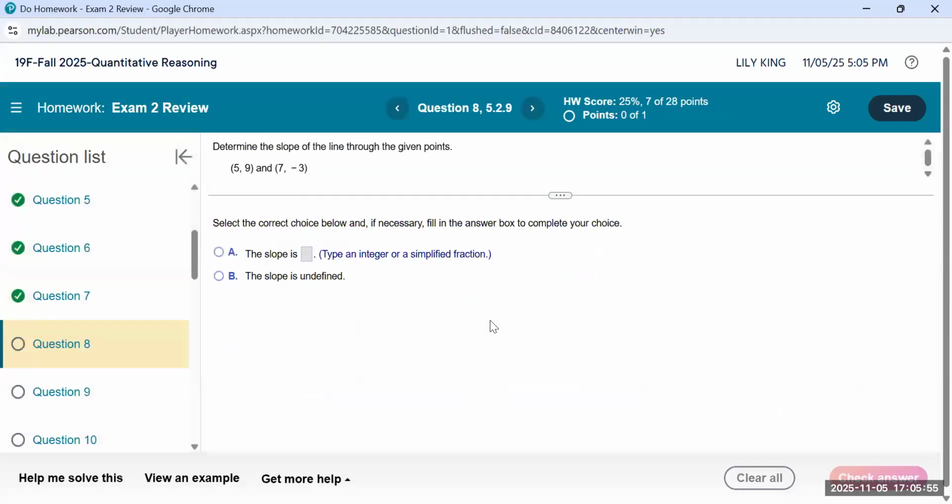All right, question 8. We have 2 points where we have to find the slope. So finding the slope using 2 data points. Now, to do this, you have to first label your coordinate as x1, y1, x2, y2. And using your slope formula, which is y2 minus y1 over x2 minus x1.